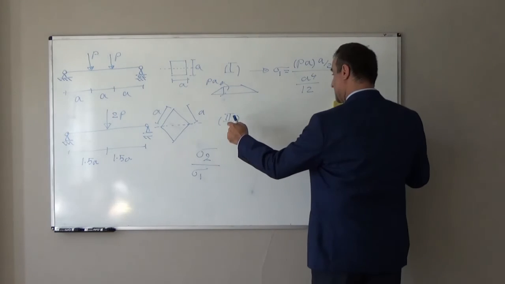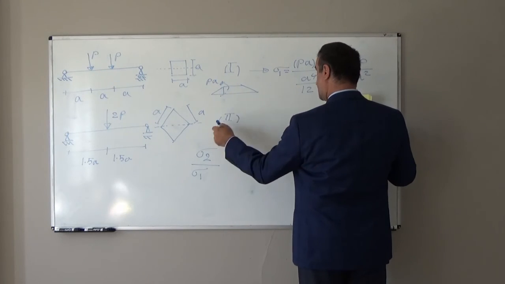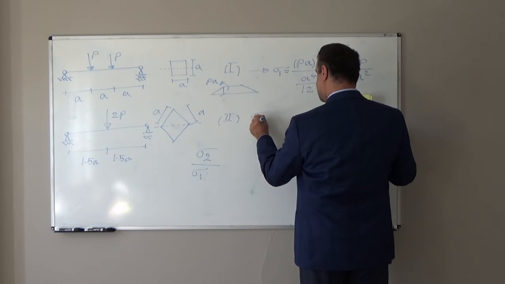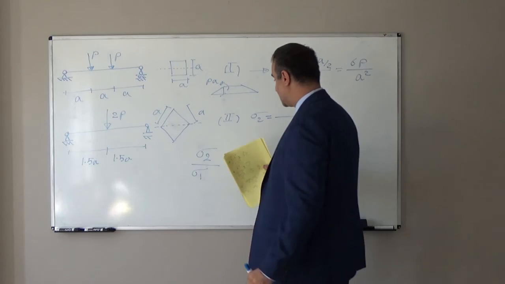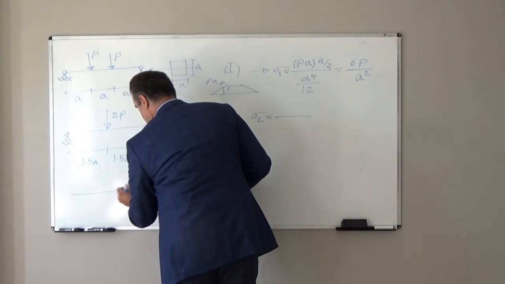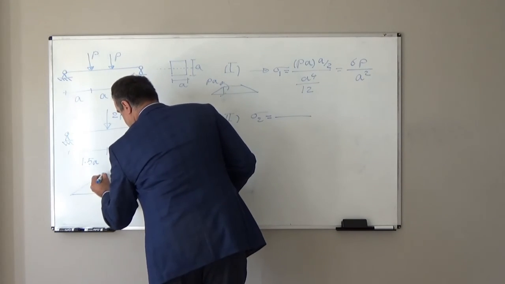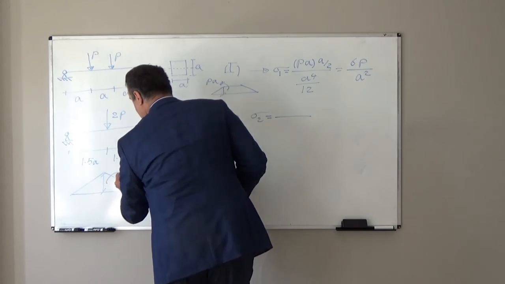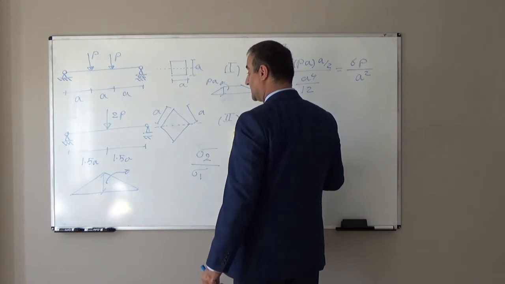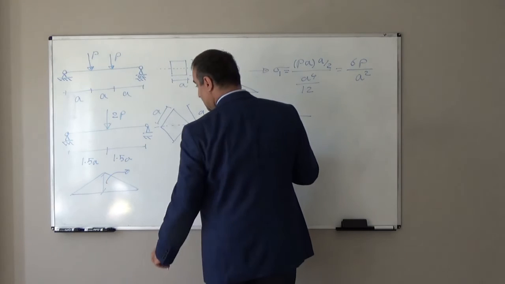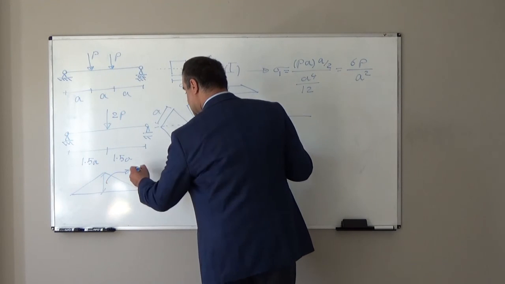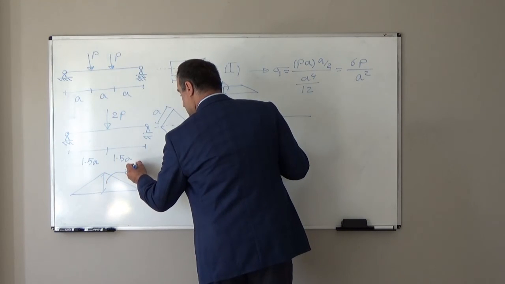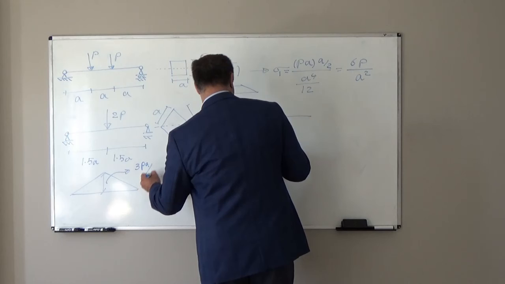For this scenario, we will have sigma 2 equal to, the moment diagram for this will be like this, and here the maximum moment will be P times 3 over 2A, so it will be 3PA over 2.